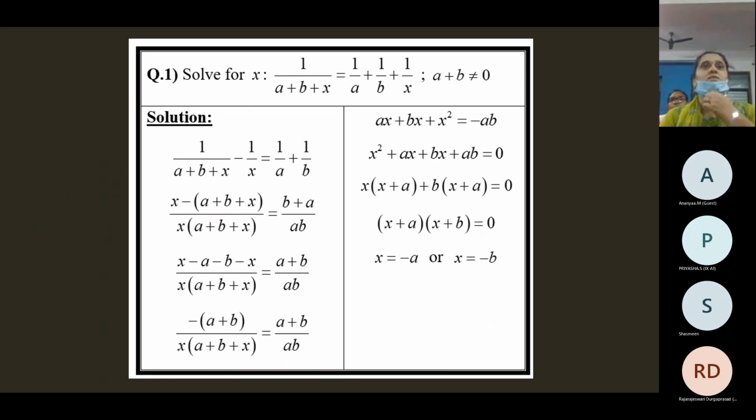So these are some standard questions. Solve for x.